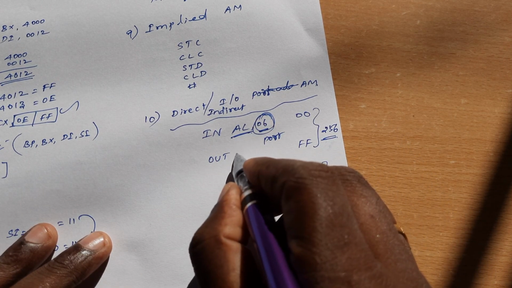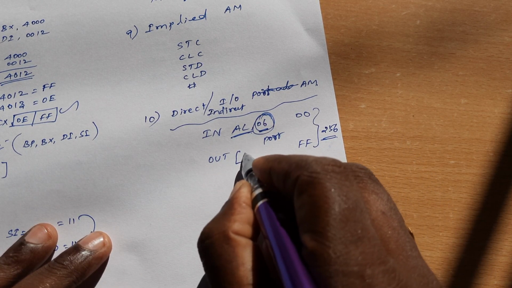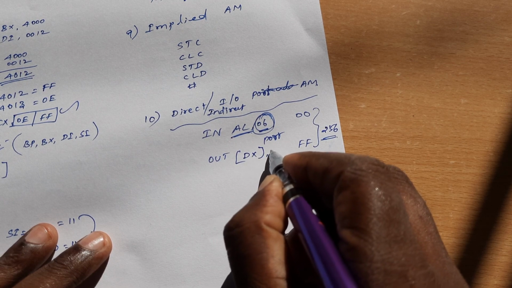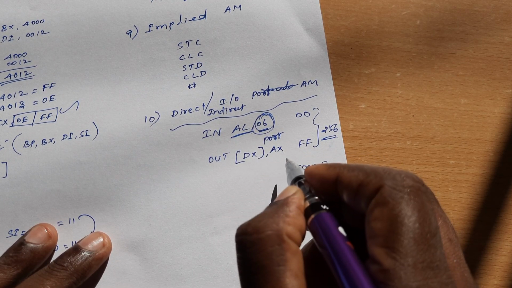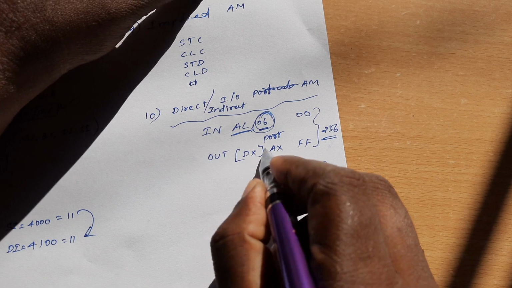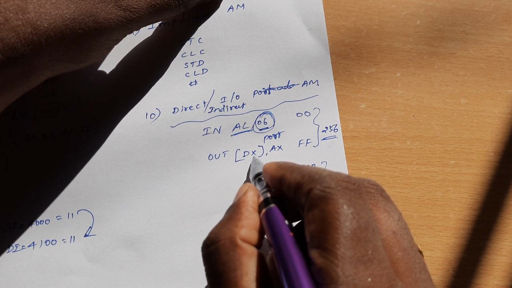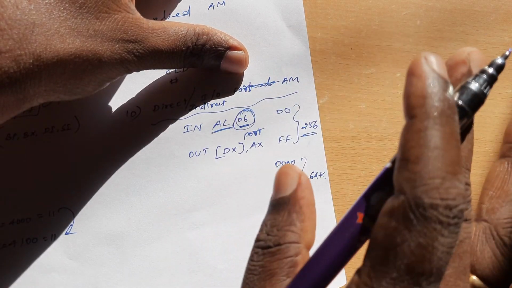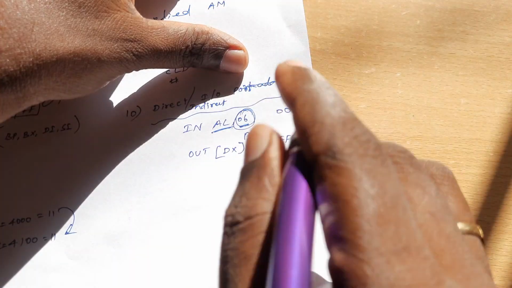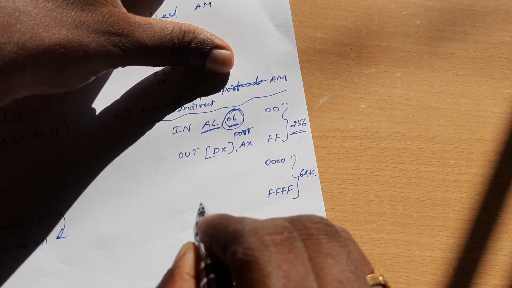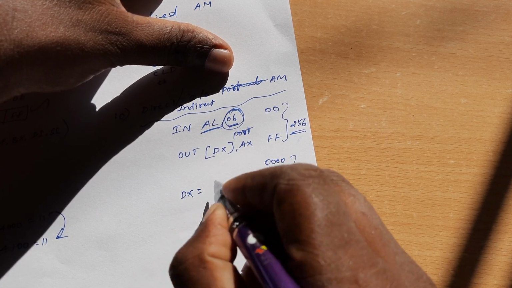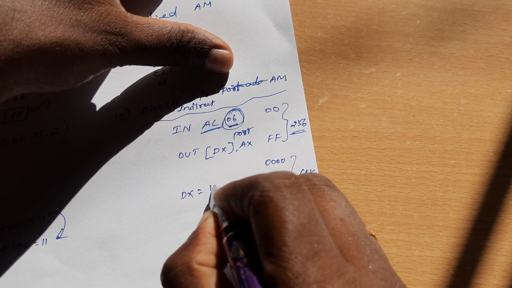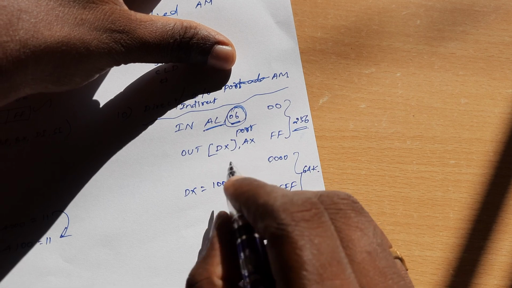Say an example now, next we will see OUT DX comma AX. So what happens in this? Here DX is a register that has an offset address, and we know that offset address is not the address of a memory location. Say DX is having 1000.